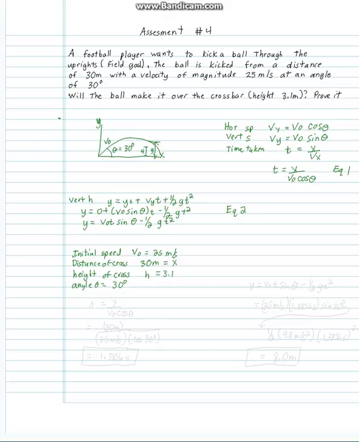First of all, the time that the football takes to reach the crossbar must be calculated using the equation t is equal to x over v0 cosine theta.